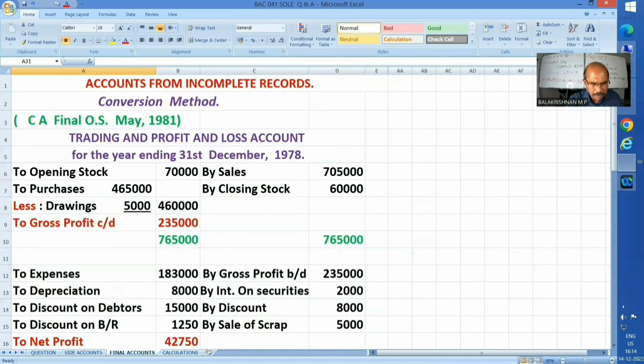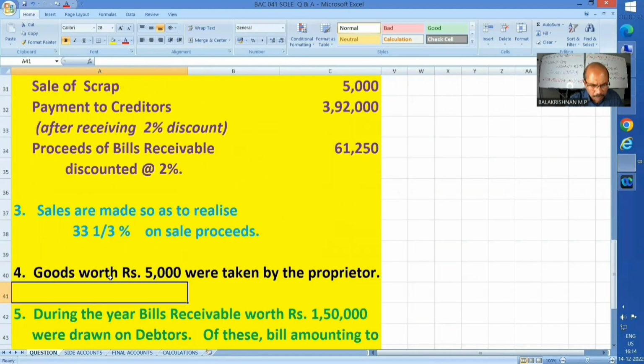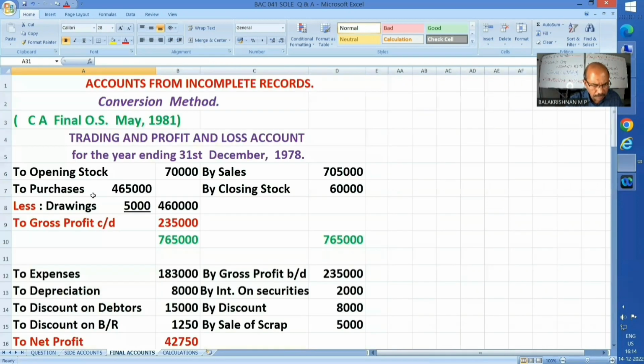However, it is mentioned in the question that goods worth ₹5,000 were taken by the proprietor. That is drawings. We are reducing it, and this is the purchase applied for the sales, 4,60,000. So we have balanced the account and got the gross profit that has been brought forward.